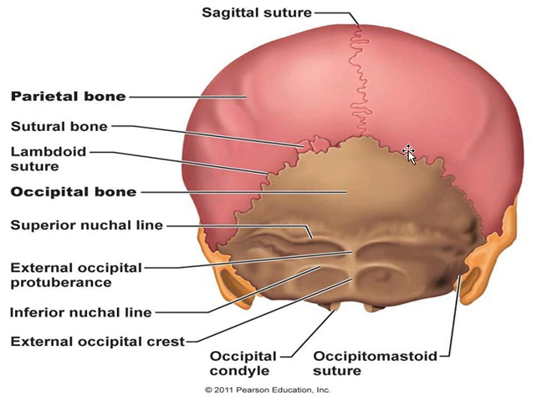So the lambdoid suture is the joint area between the two parietal bones and the occipital bone. The suture between both parietal bones is named the sagittal suture. This is the sagittal suture between the two parietals, and this is the lambdoid suture between both parietal and occipital bones.